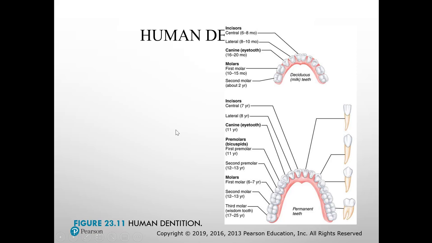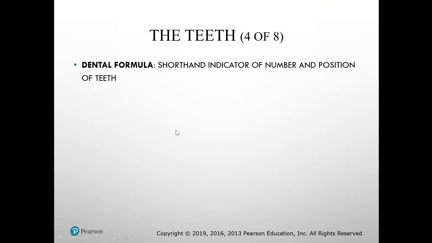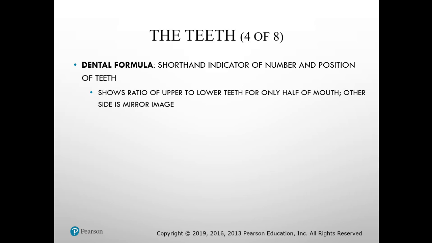This is a picture of human dentition. The dental formula is a shorthand indicator of the number and position of teeth. In the primary teeth, you have two incisors, one canine, and two molars on the upper jaw.